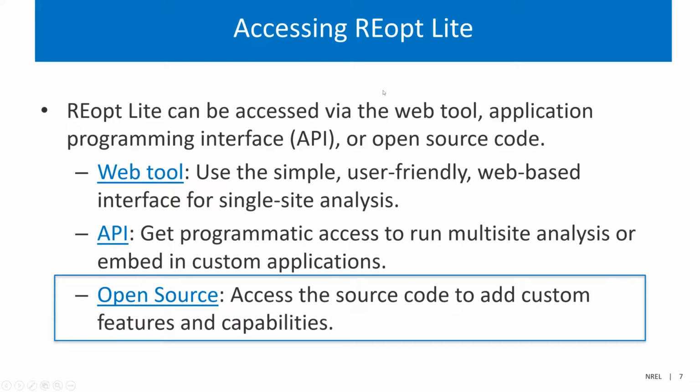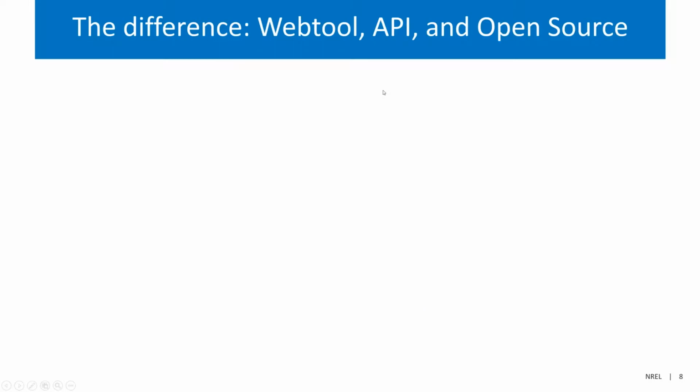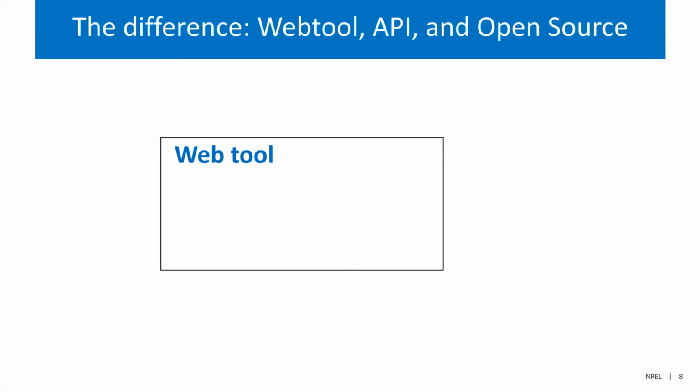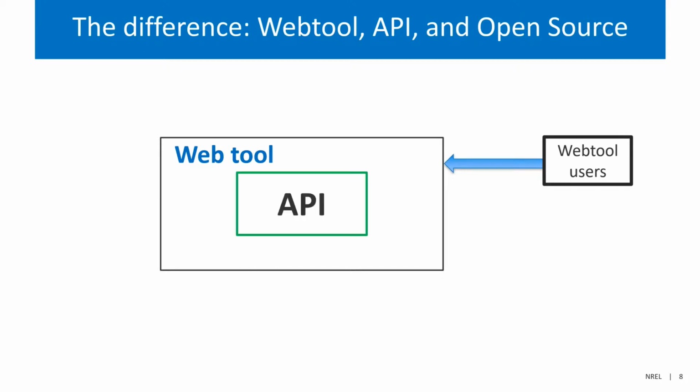To make the difference between all three outlets of REopt Lite a little clearer, I'm using this demonstration. The Webtool part is what is seen on the browsers, and users interact just with that form which shows up and then get the results back on the Webtool. The Webtool essentially is a wrapper around the API code base, and the API is where the actual pre-processing, optimization, and post-processing of the data happens.